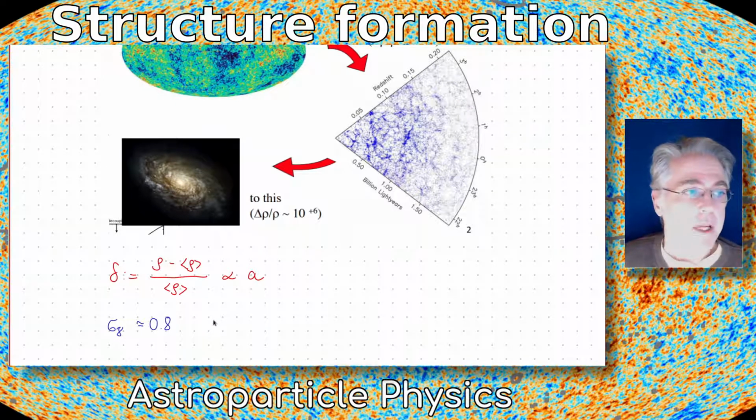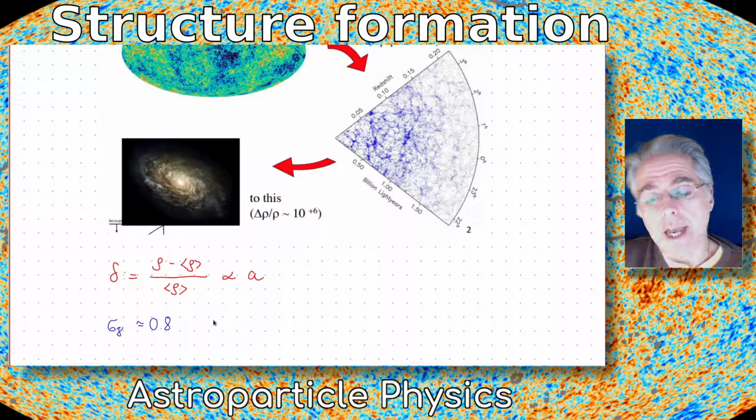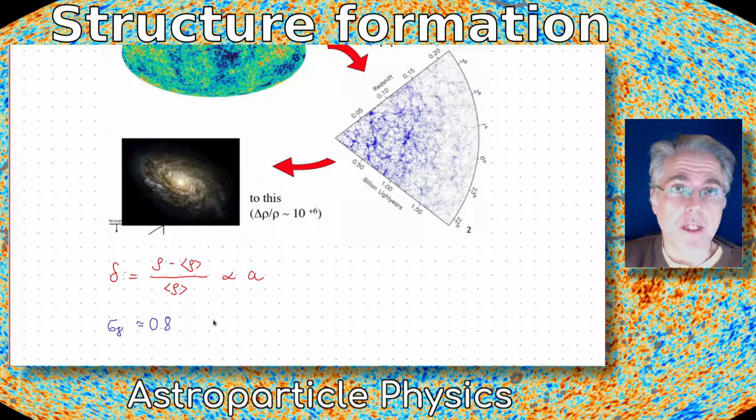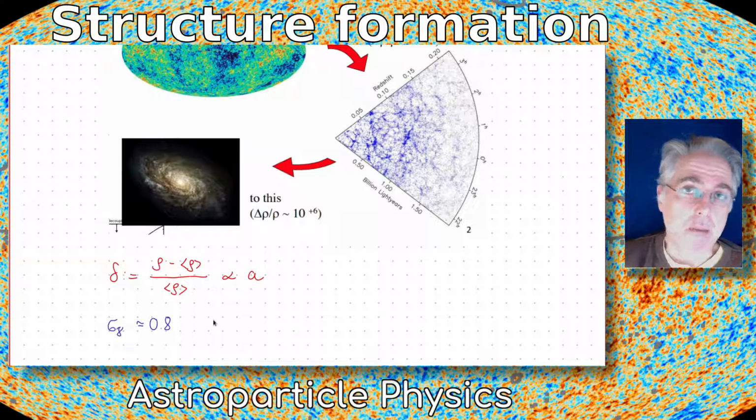And that means that in order to get a density contrast of 0.8 at these scales, you'd have to start with a sufficiently large value at the time of decoupling, because the baryons oscillate until the decoupling time. They cannot form gravitational potential, so the instabilities cannot really grow unless they stop oscillating, and that's happening at the scale factor of 10 to the minus 3.